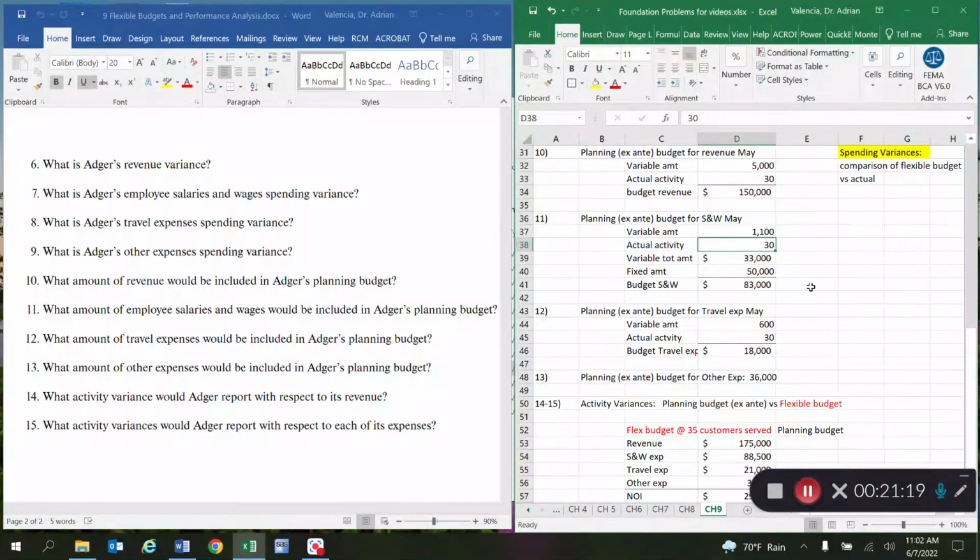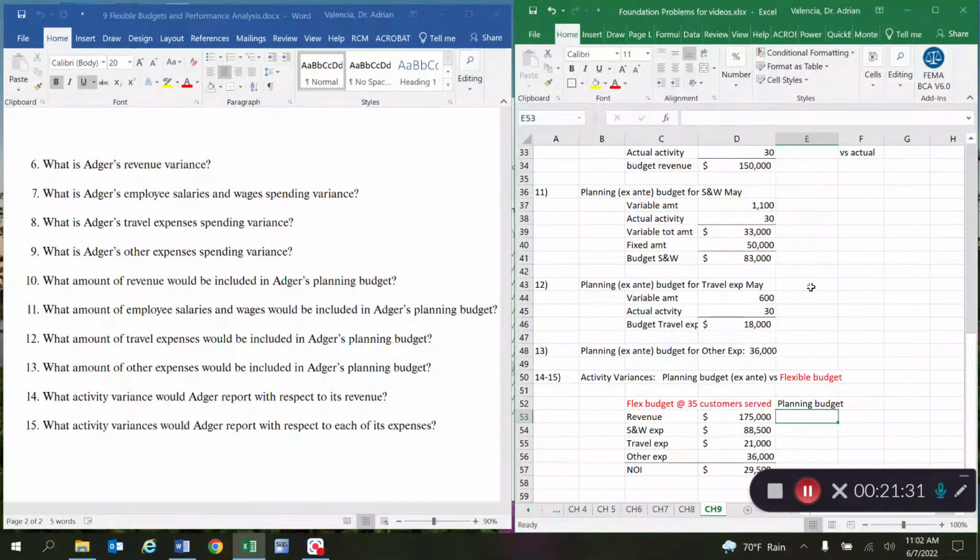The budgeted salaries was 83,000. Travel expense was 18,000, and the other expense is 36. So let's go ahead and write that down in here. I'm just copying these down, the ones we just did, and this is 36,000.